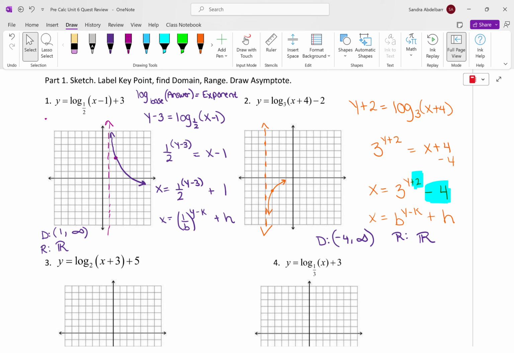Yes. Can you put a vertical asymptote on the zero, like over here? Yeah, absolutely. That works. I thought you couldn't do that for some reason.